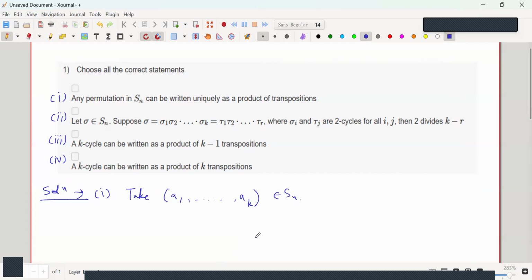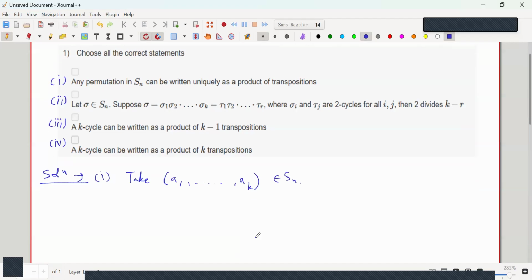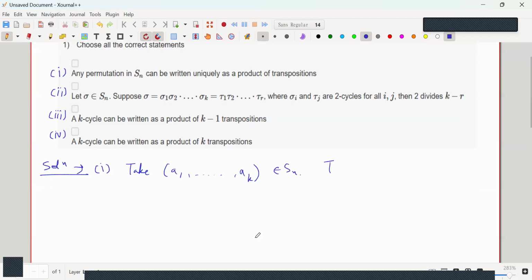So now we'll consider the transpositions such that I consider only the two cycles A1, A2, A2, A3, and so on. And so this A1, A2.